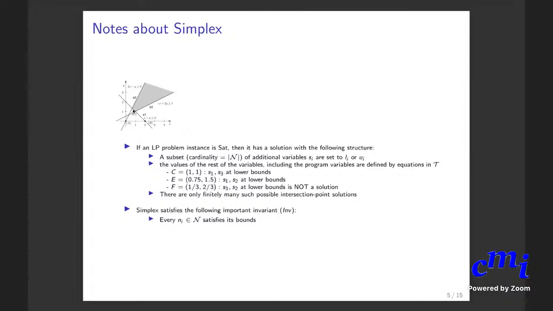So you can get E by just pivoting S1 with S2. So one solution is a linear combination expressed in terms of another set of slack variables. Okay, so that is also true.